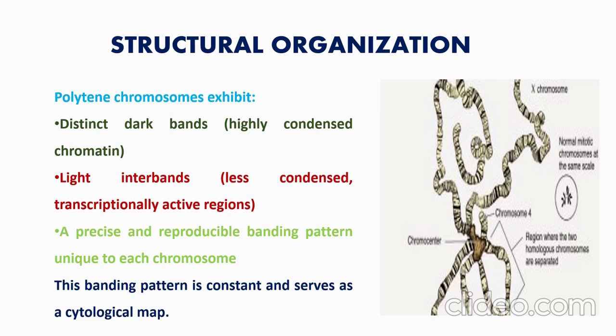The dark bands consist of highly condensed chromatin, which is relatively inactive in transcription, whereas the light interbands represent less condensed euchromatic regions that are actively involved in gene transcription. This regular alternation creates a precise and reproducible banding pattern that is unique to each chromosome and remains constant from cell to cell within the species.